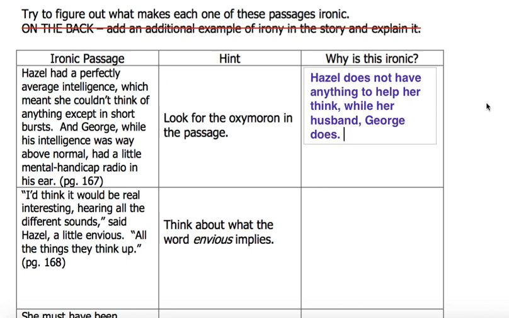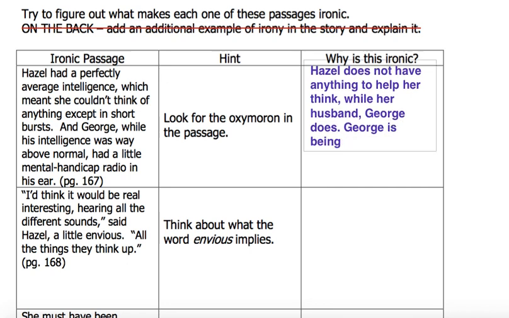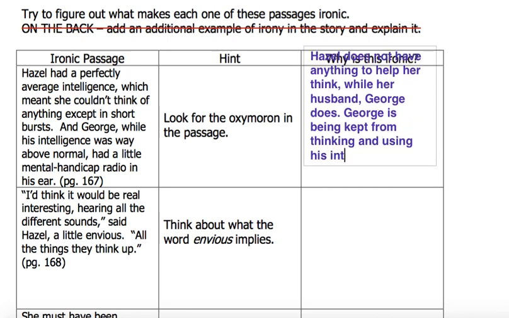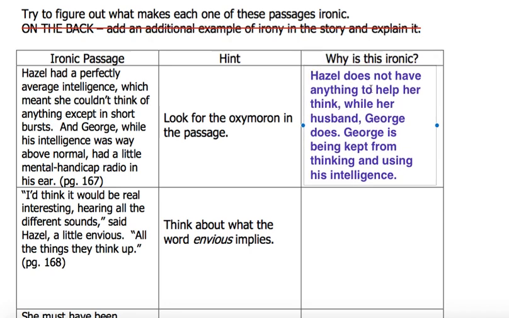So the irony here is that George is being kept from thinking and using his intelligence. And that's all I would write on the box.